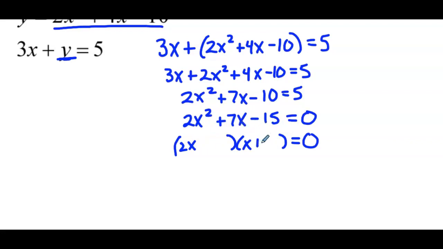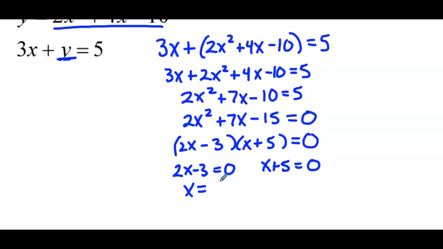So let's see, if this is plus 5 and that's minus 3, would that do it? So I'd have 10x minus 3x, which is 7x. So either 2x minus 3 equals 0, or x plus 5 equals 0. So x equals 3 over 2, or x equals -5.